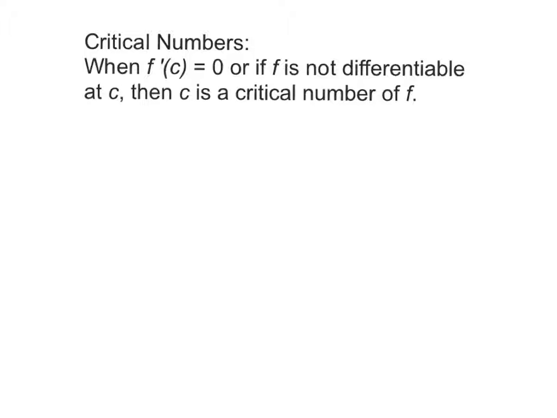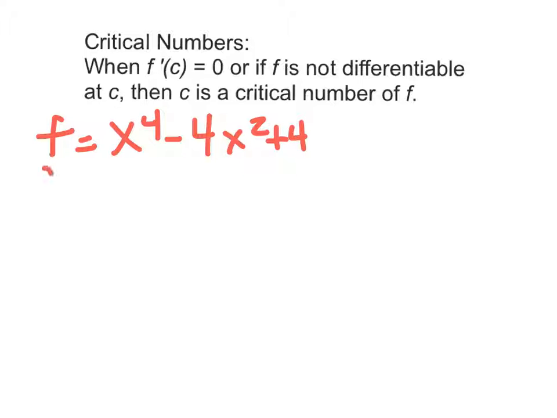Using the values of the function's derivative at each of the relative extrema, we can determine what the critical numbers are for the function. So say we had the function x to the fourth minus 4x squared plus 4. And we took the derivative of that function.